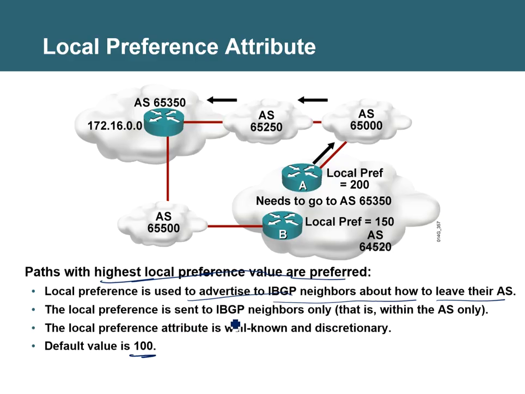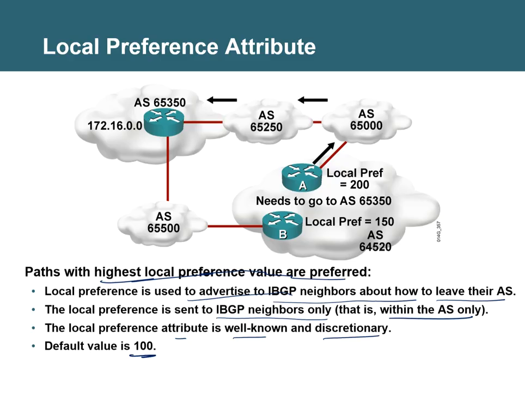Local preference is sent to IBGP neighbors only. Local preference attribute is well known, but it's not mandatory. It's well known. Definitely, it is there in every BGP appliance.